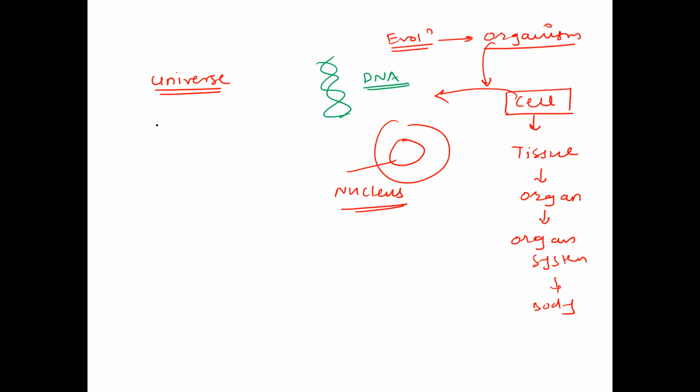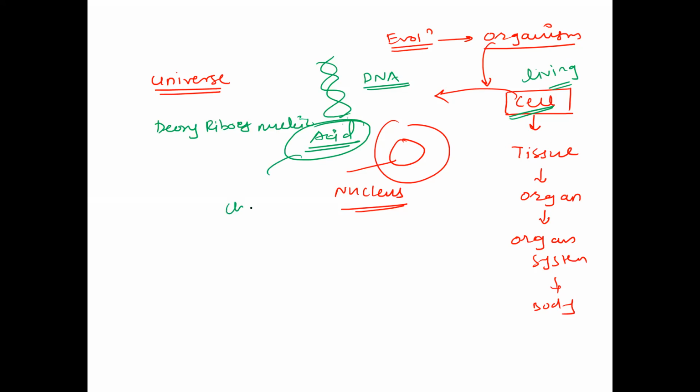Okay, so what is the DNA? Deoxyribose nucleic acid. Please see this word, the last word, acid. So we can say this cell is living, but it somewhere has its origin in the acid. So acid is nothing but what? Chemical, right?